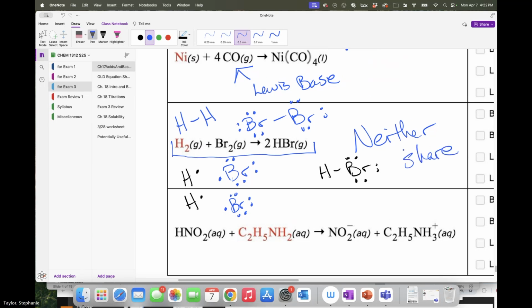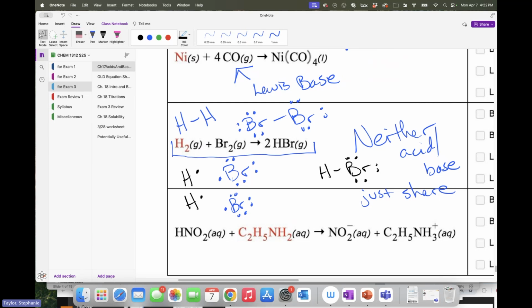So neither donate, neither accept, they just share. So neither one of these is an acid or a base. They just share. I will say this, but I know it's not helpful for most of you.